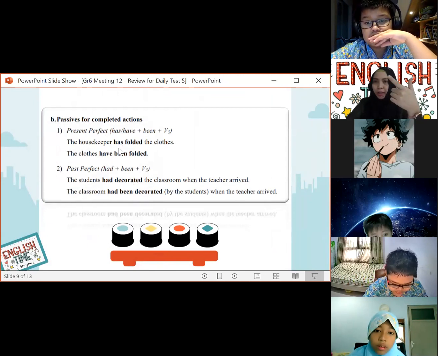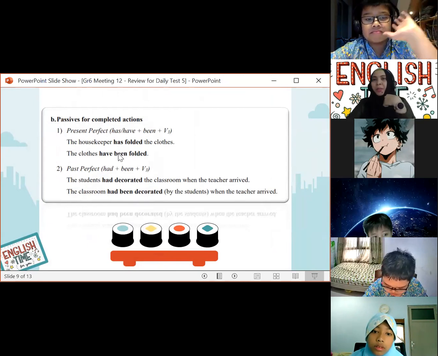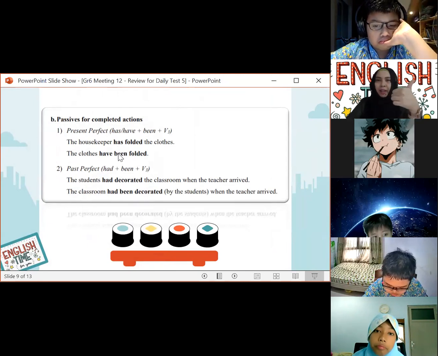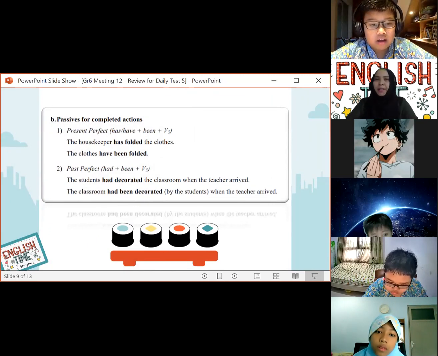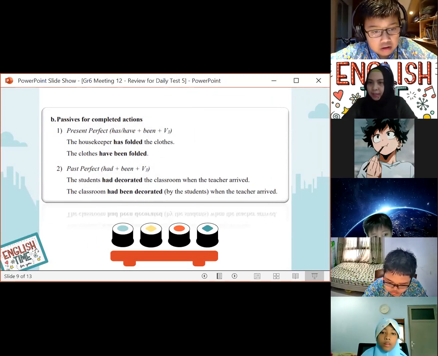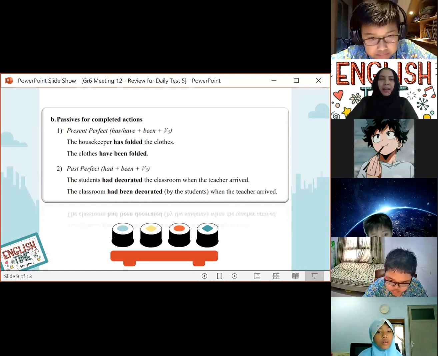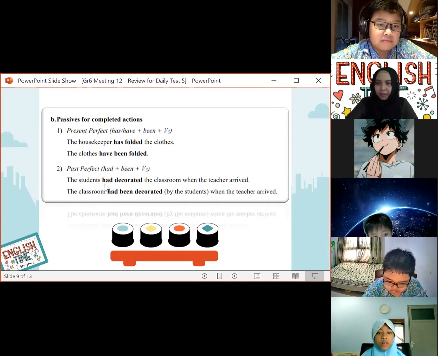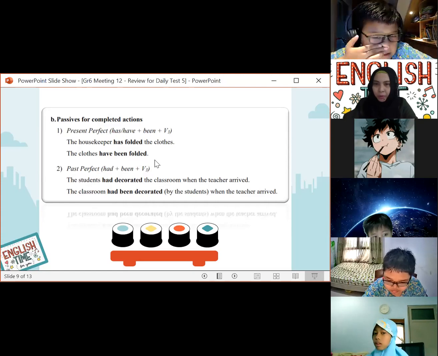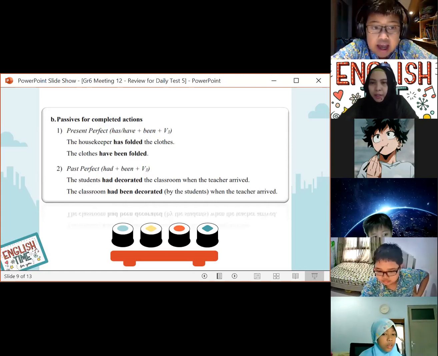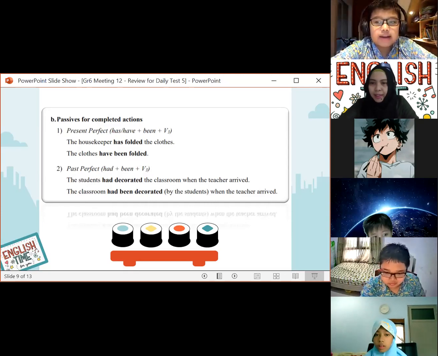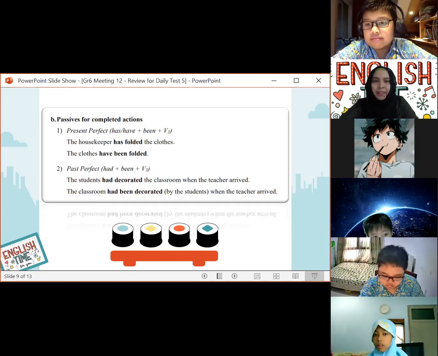When you see has or have, you need to choose between has or have been in the passive sentence, right? And if you see had in the active sentence, you only have one option. What is that one option? Had been, yes.